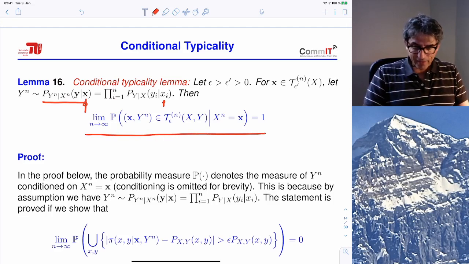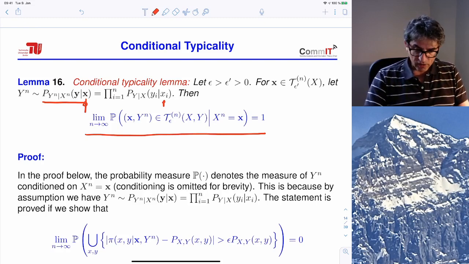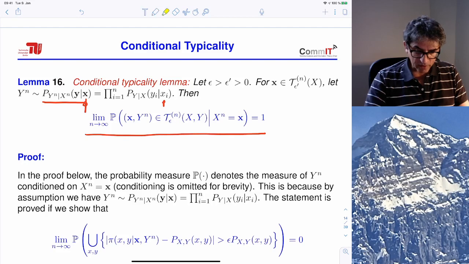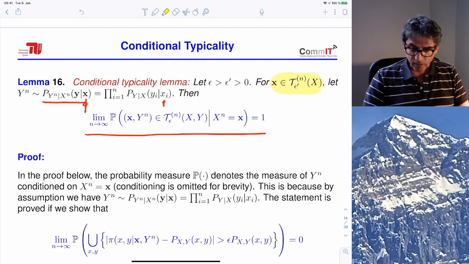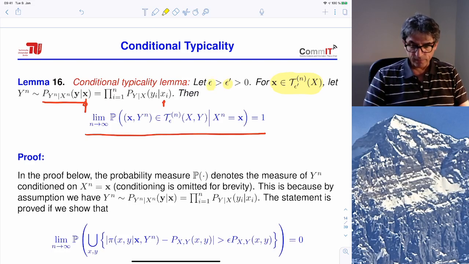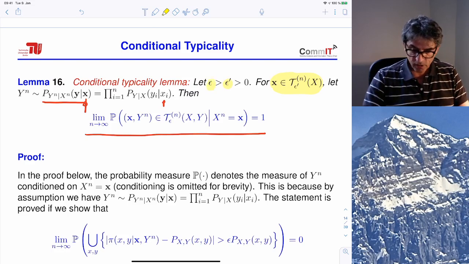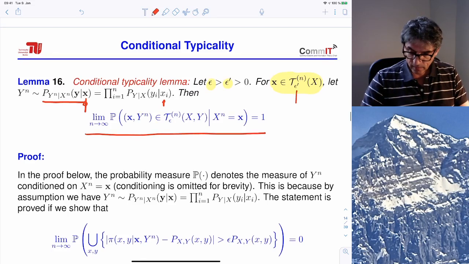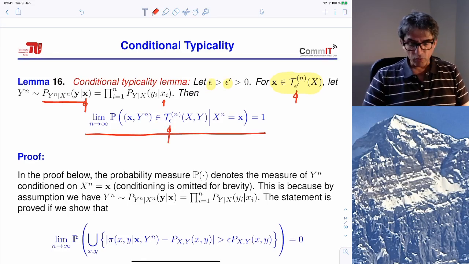As a technicality, to make the proof simple, I have to consider a slightly more restrictive condition on x. So x is not just epsilon typical; it is convenient to take x epsilon prime typical, where epsilon prime is a bit more restrictive than epsilon. And this makes the proof quite easy.